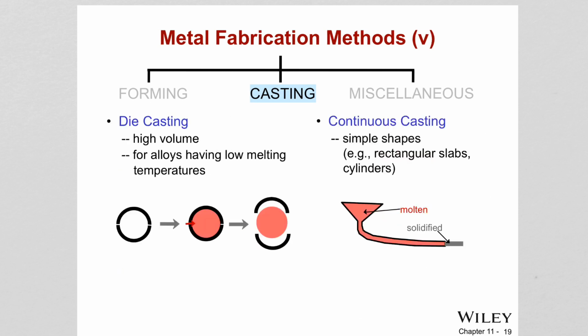In die casting, on the other hand, you have a permanent mold. That's why it is made out of strong materials like steel. Steel forms your die, which has the mold cavity.